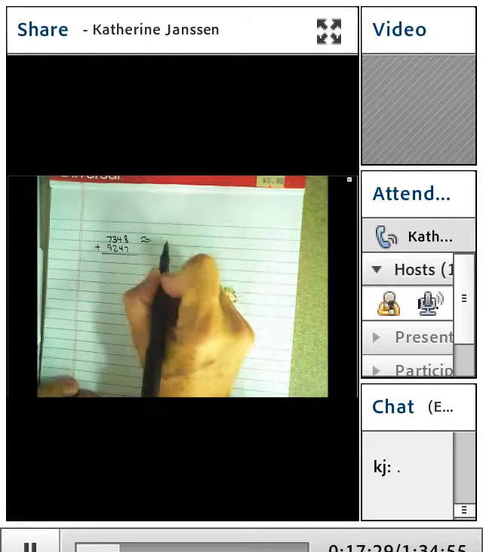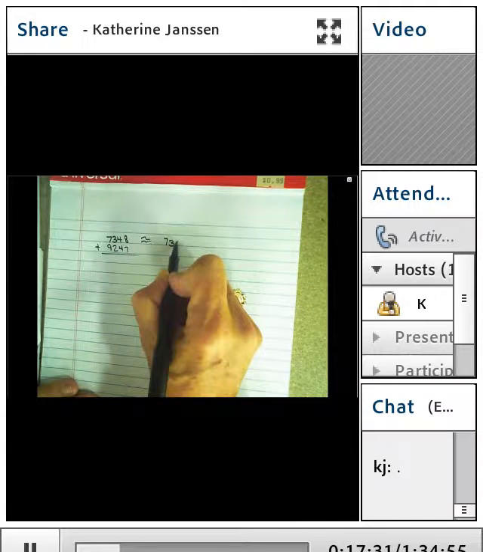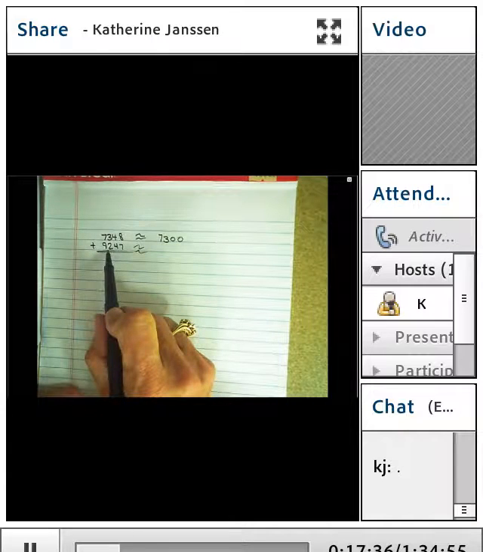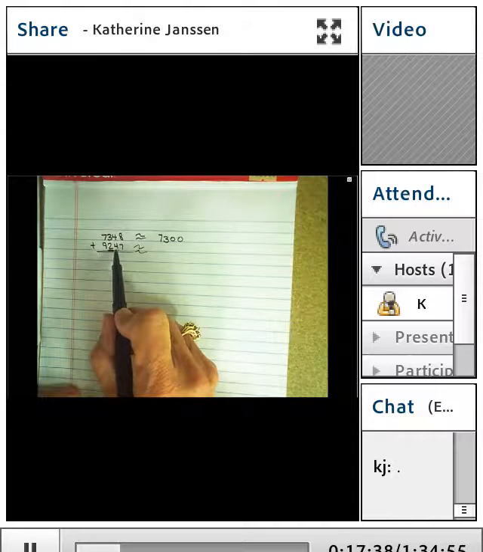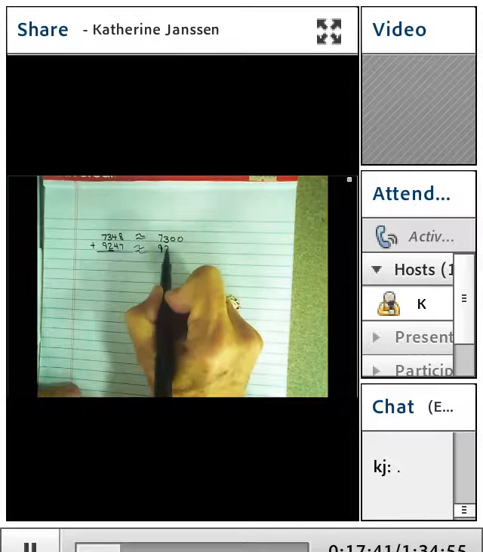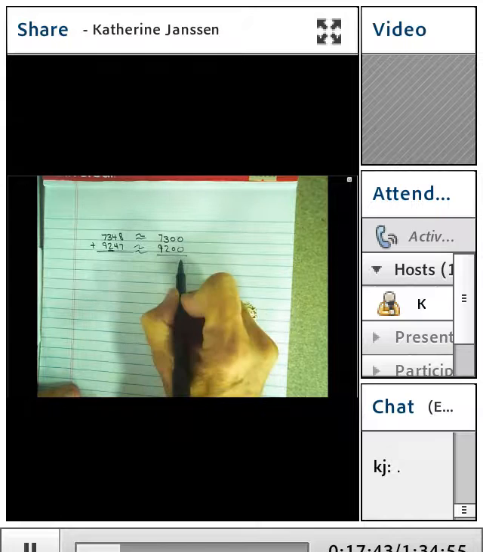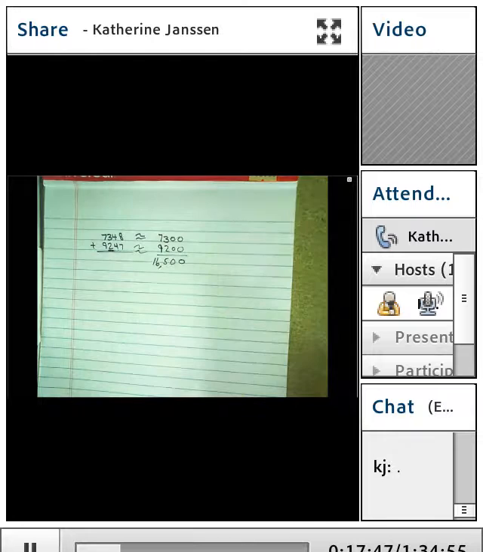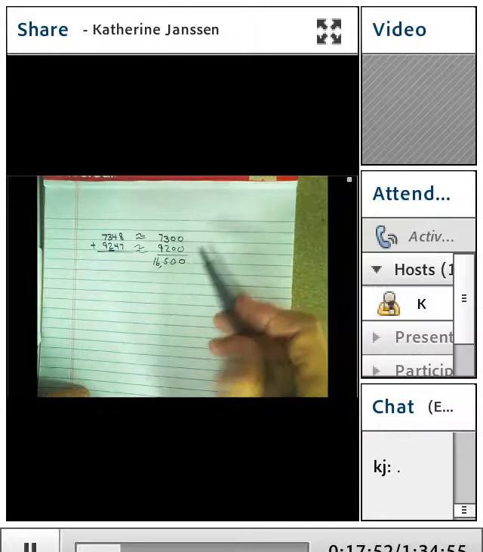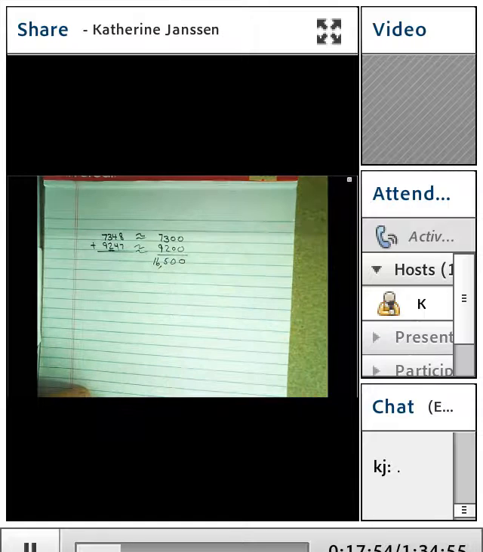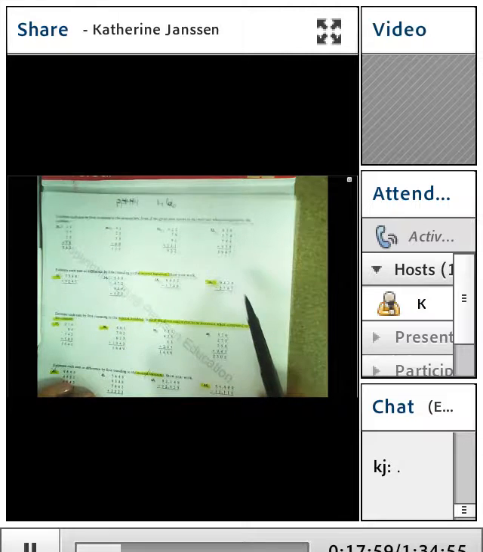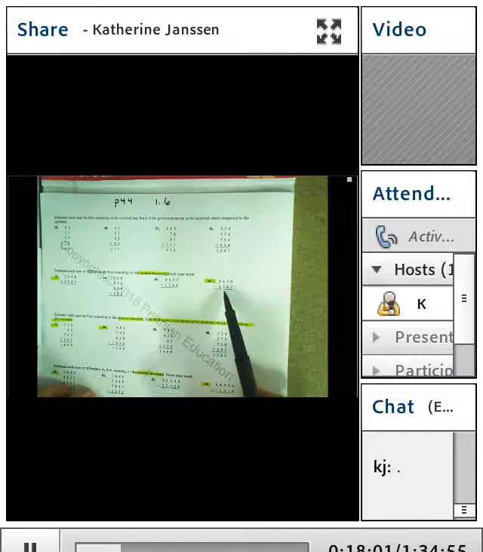So that would be 7,300, keeping the next digit, and I'm going to fill with 0s. And I can quickly add this. So my estimated sum, rounding to the nearest hundred, is 16,500. Example 36, we have 9,438 subtract 2,787.